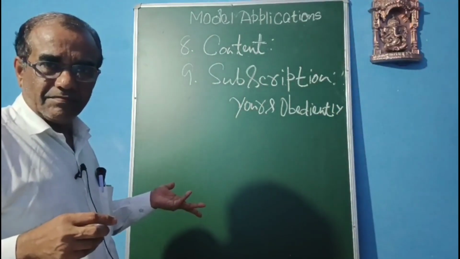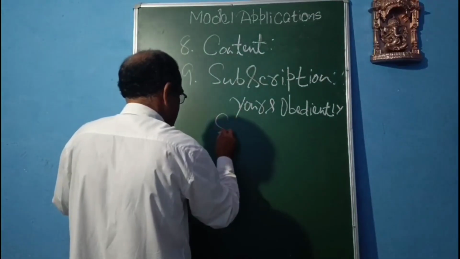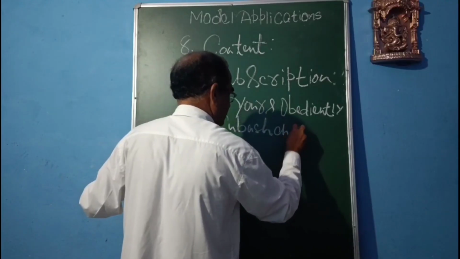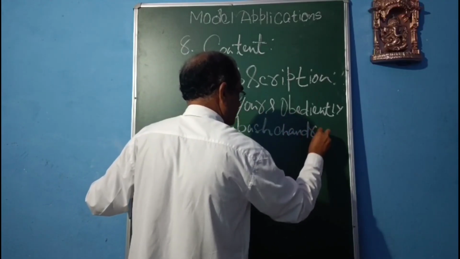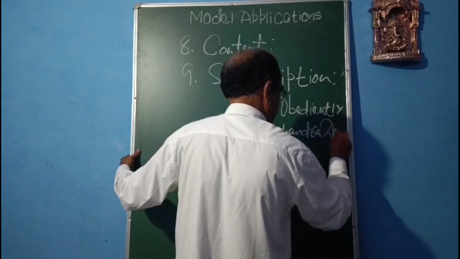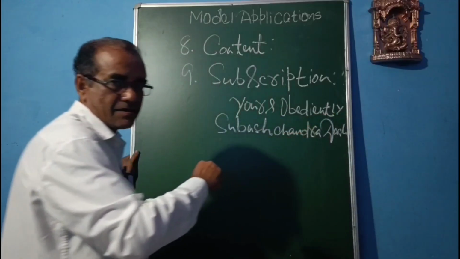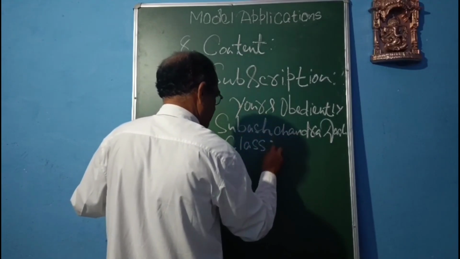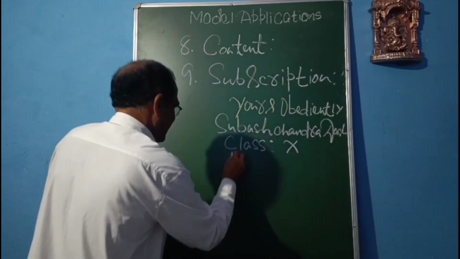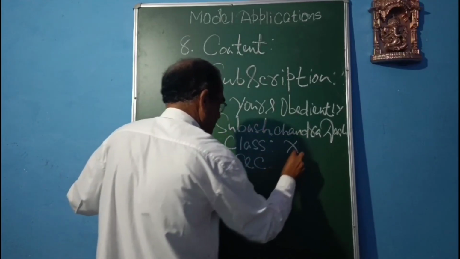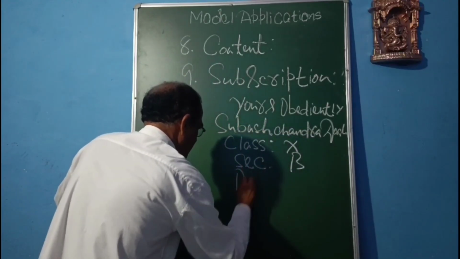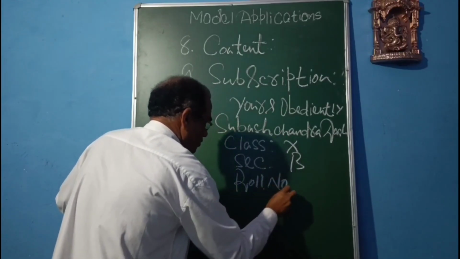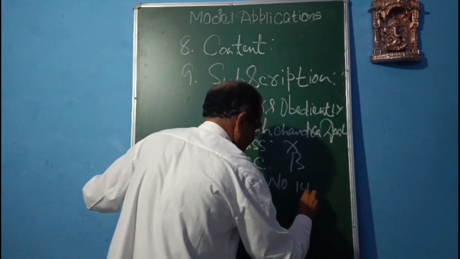Then the name: Subhash Chandra Das. Class 10, Section B, roll number 14.